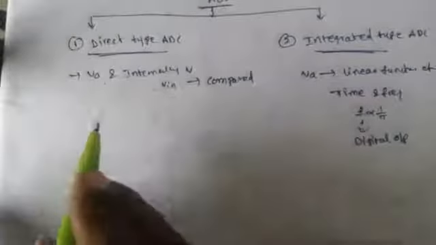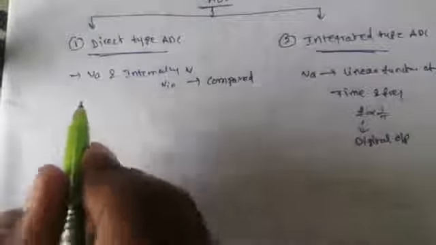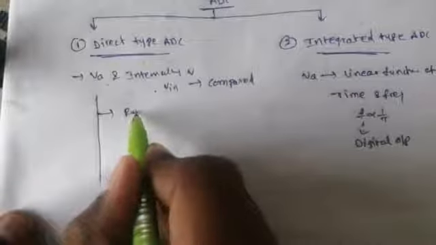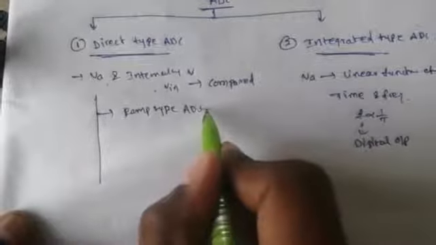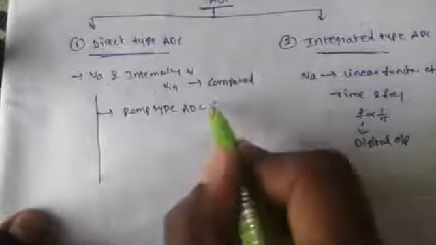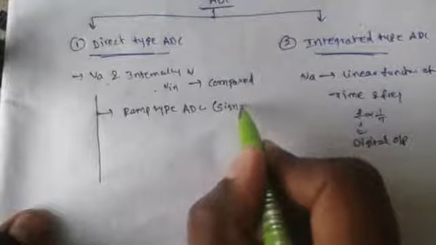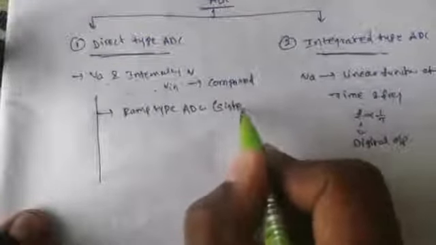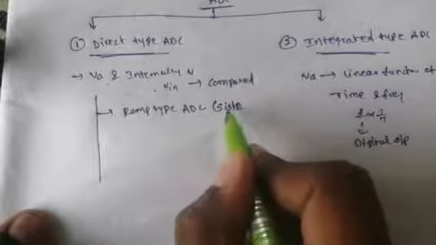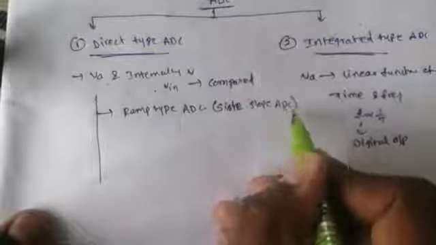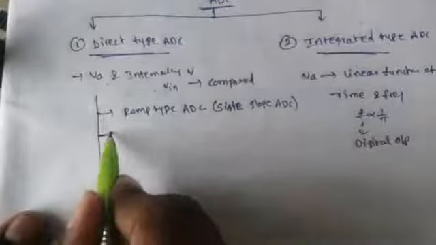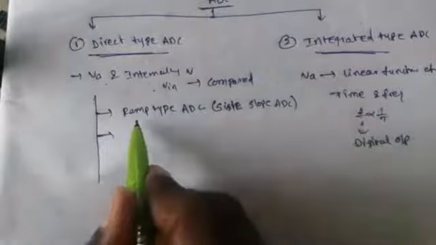Now coming to direct type ADCs. We will discuss the ramp type analog to digital converters, which is also called single slope ADCs, as well as its modified form.